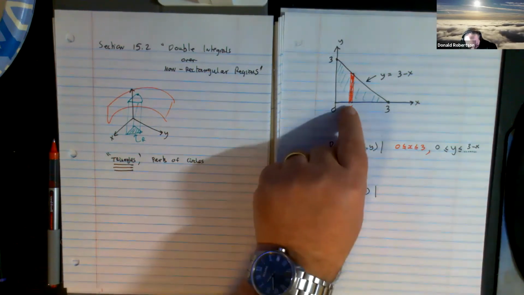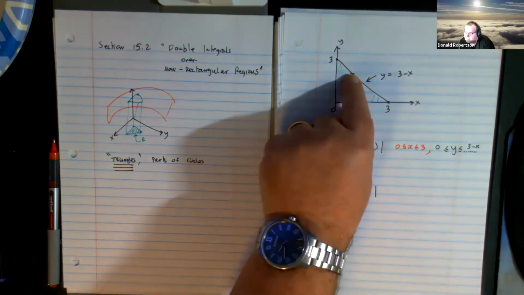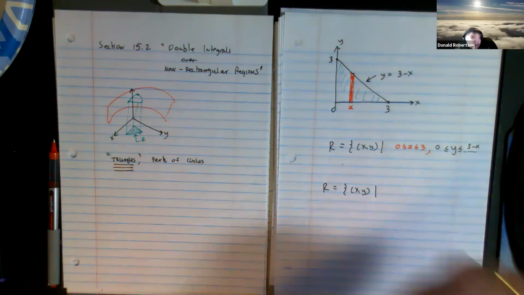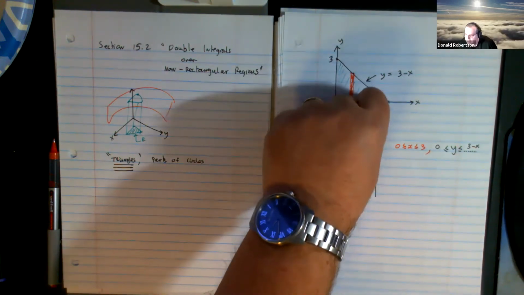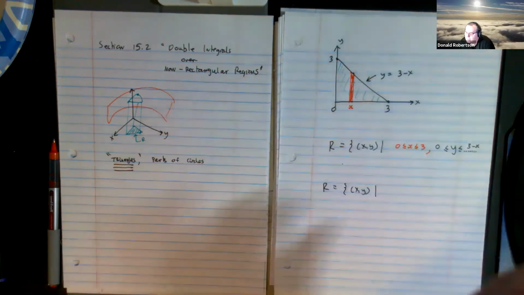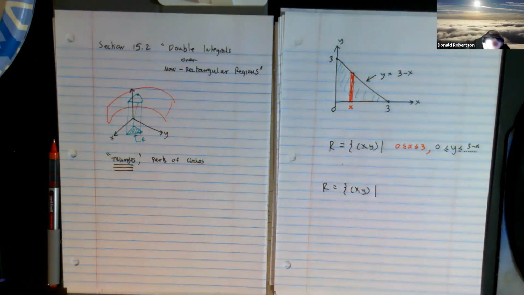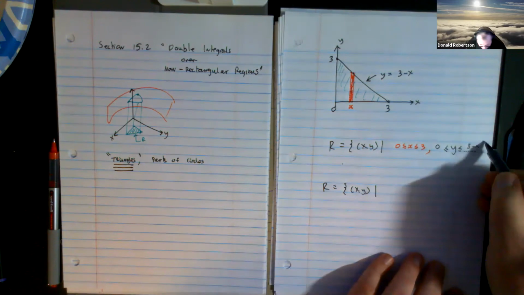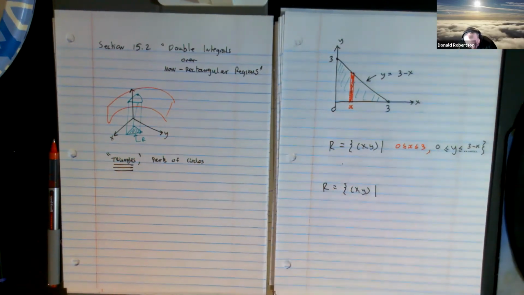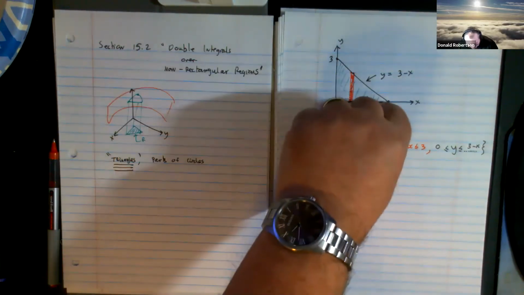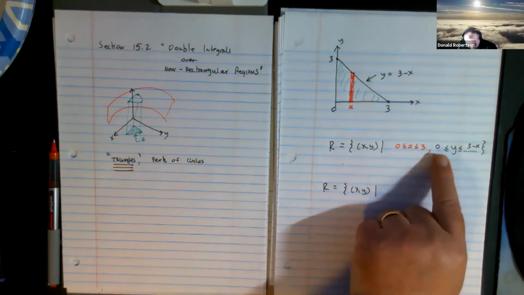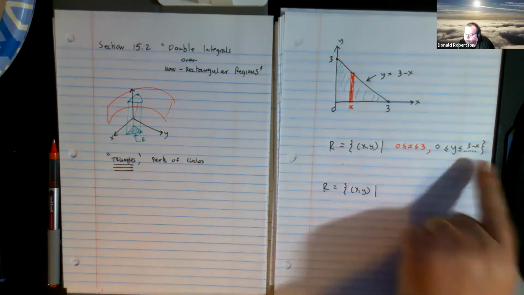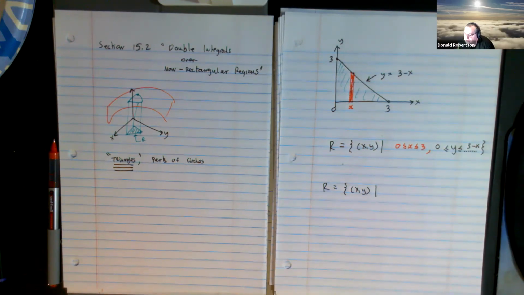So the y would start at 0 and finish at 3 minus x. So for any given rectangle, the y would start at 0, but its height would be whatever 3 minus x height was. We've now created this region R. Its x's go from 0 to 3, and the y's go from 0 to 3 minus x. You follow that?